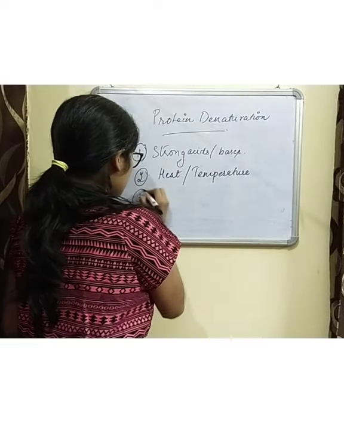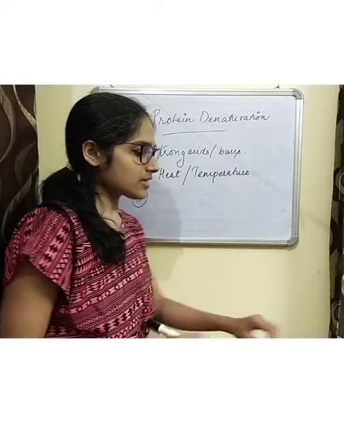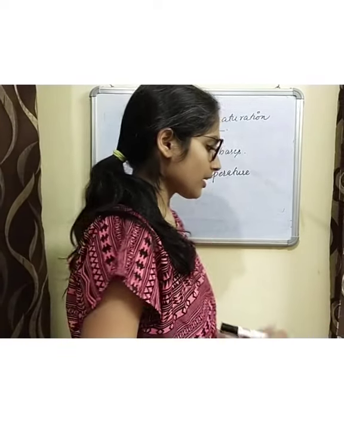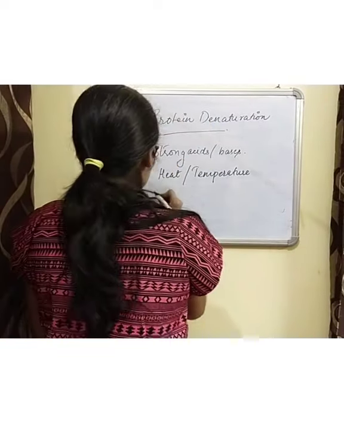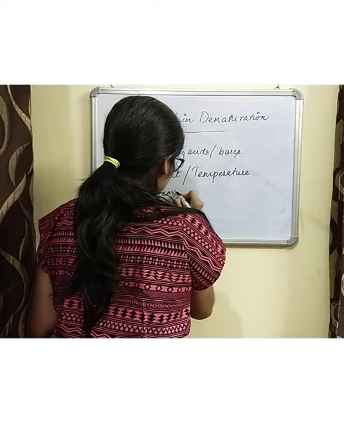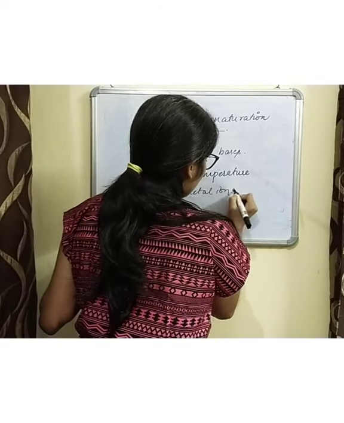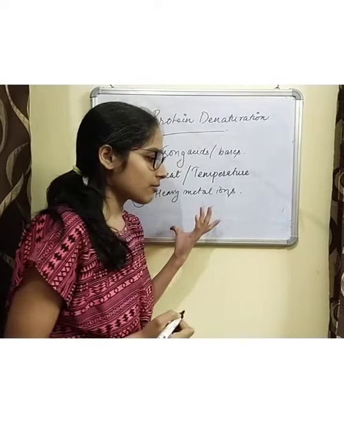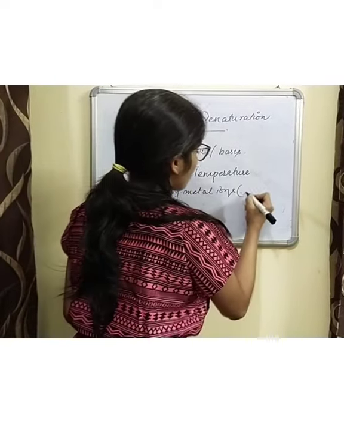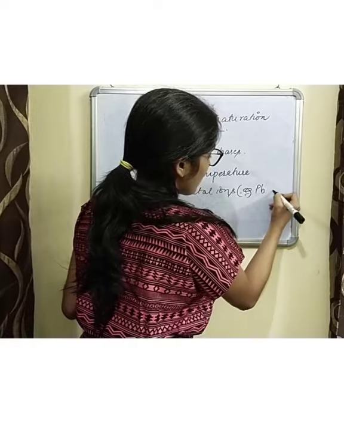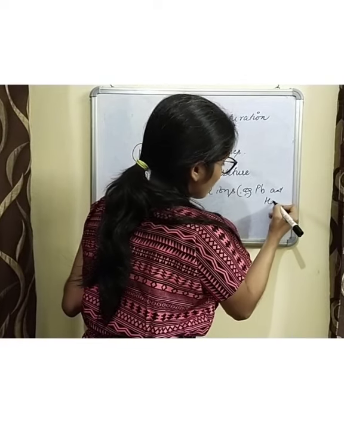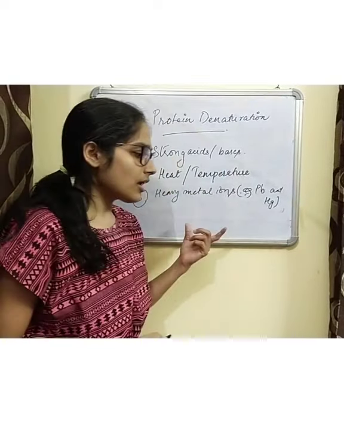So next, the third point, is heavy metal ions. How do these heavy metal ions, for example lead and mercury, affect protein structure?